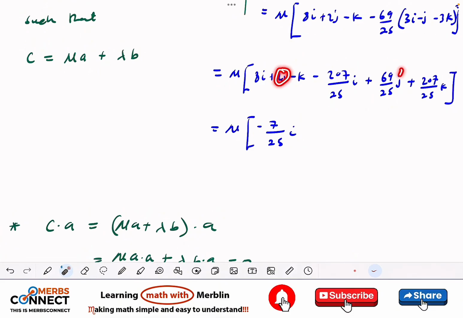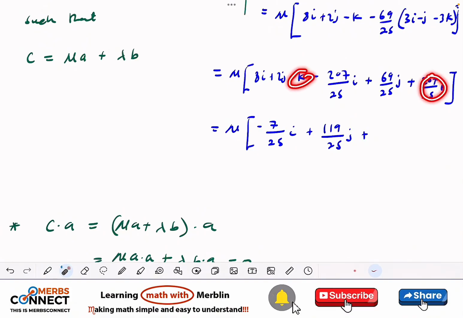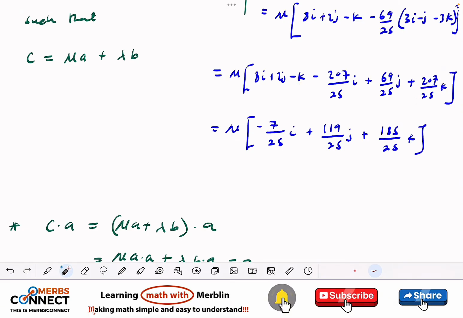Add 2 to this, and we are going to have plus 119 divided by 25 j, and then plus this and this is going to give us plus 185 divided by 25 k. Is that right? When I want to multiply this, this one will be 25 over 25. So subtract 25 from 207.